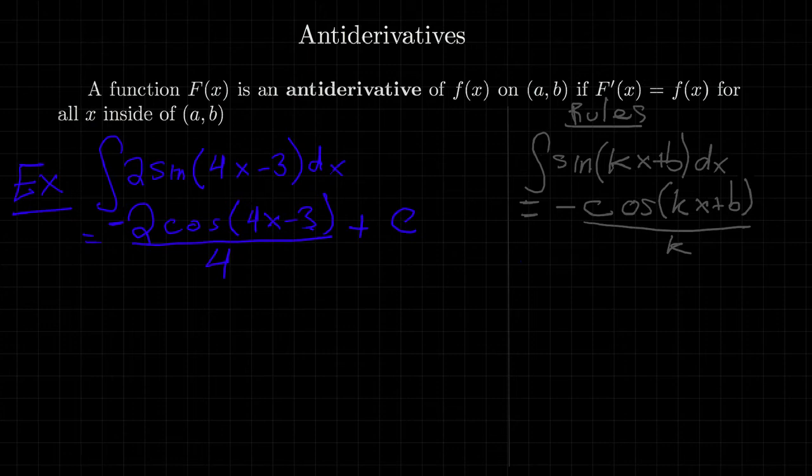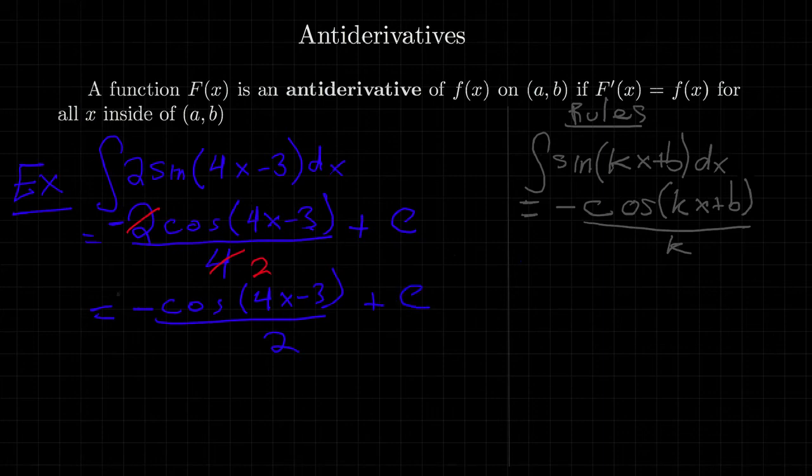And you can always test these. Here, I'm just going to simplify it real quick. But you can always test any one of your answers because all you have to do is find the derivative. So this is just going to be negative cosine of 4x minus 3 over 2 plus c.